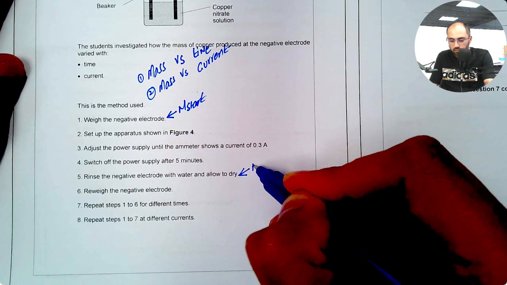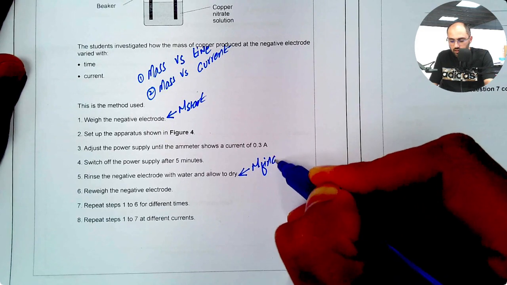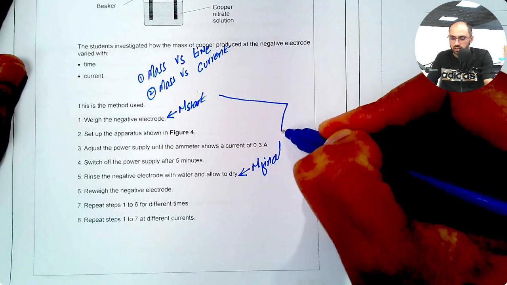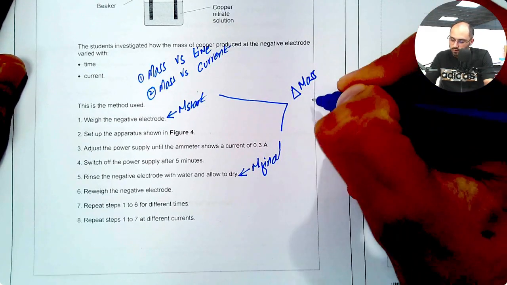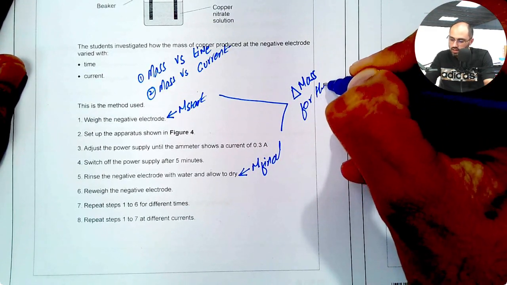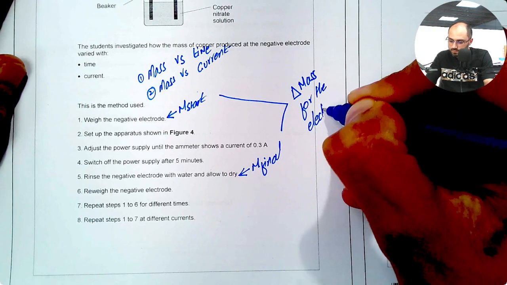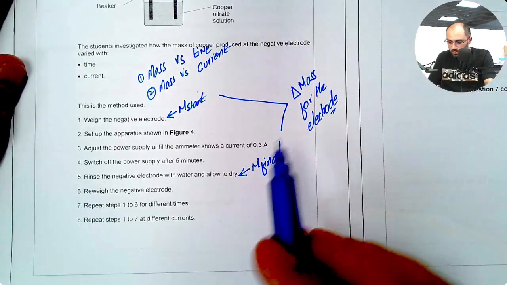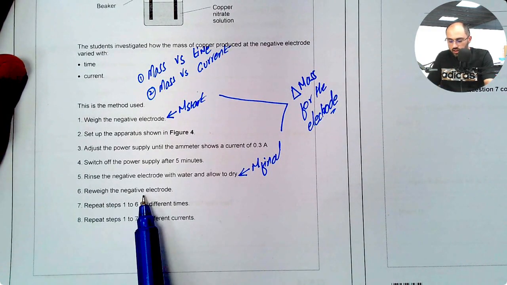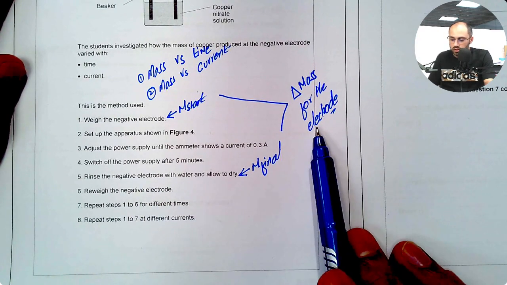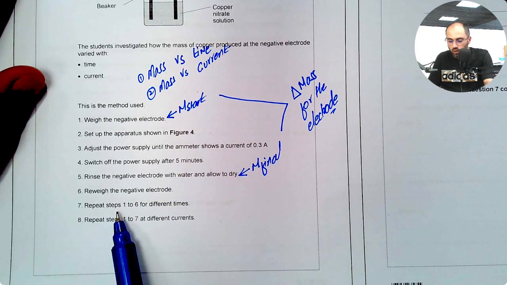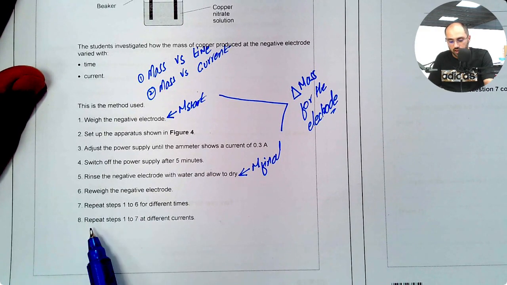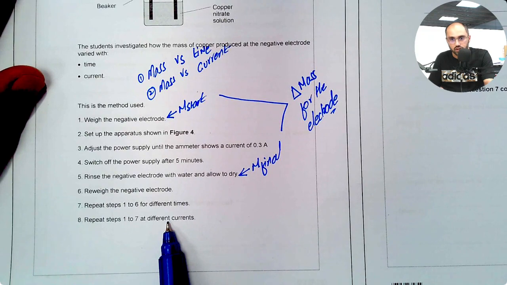This will give you the mass final. If you use these two masses, then you can work out change in mass for the electrode. Then it says reweigh the negative electrode. Then it says repeat step 1 to 6 for different times and repeat step 1 to 7 at different currents.